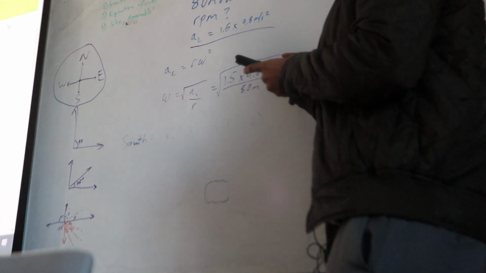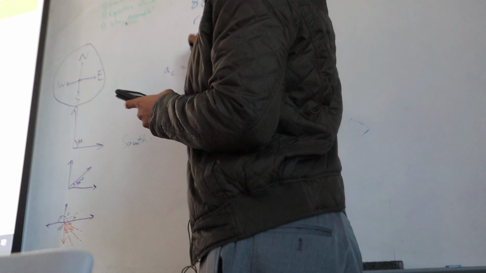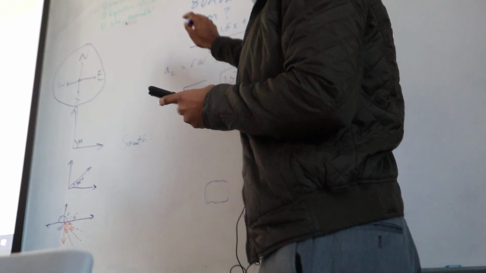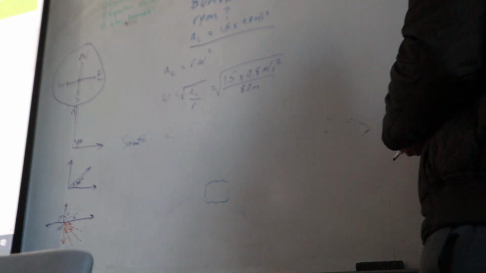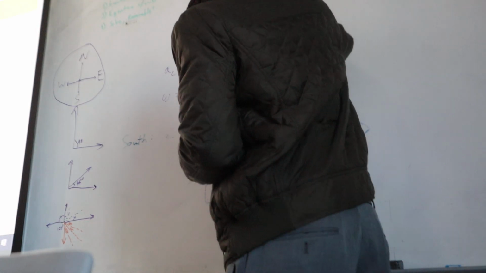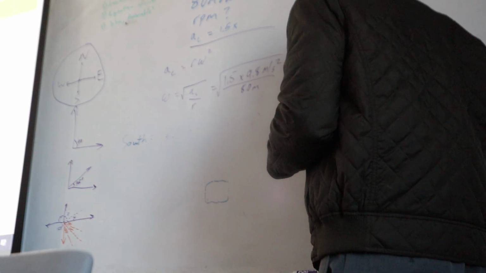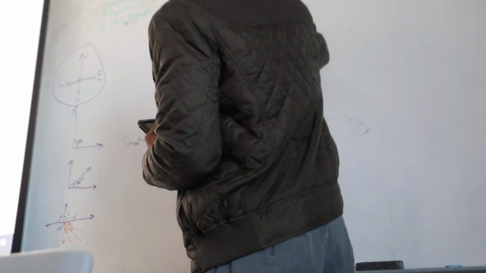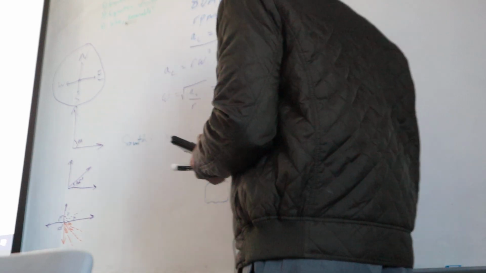It's just saying the centripetal acceleration is 1.5. They said in the question that it's 1.5 times gravity. So technically, they were just saying it's 1.5 times g. They said 1.5 times that of gravity. Oh, okay, I got you.